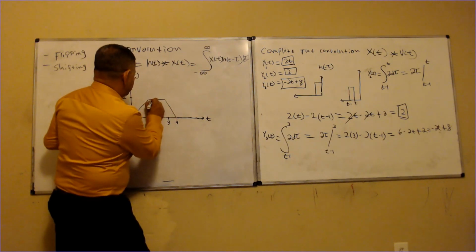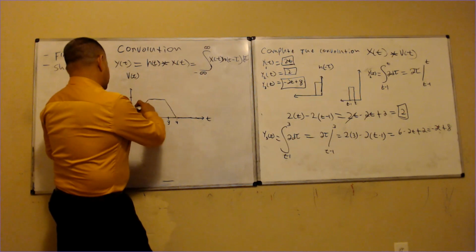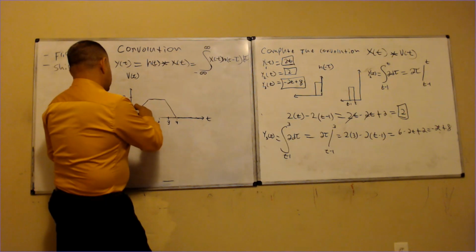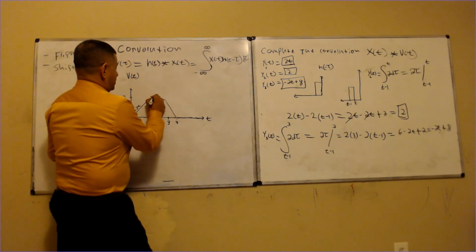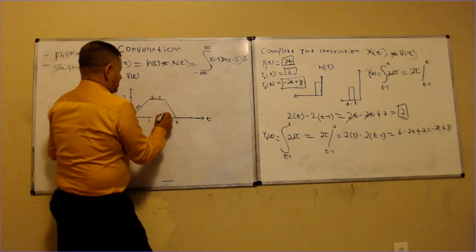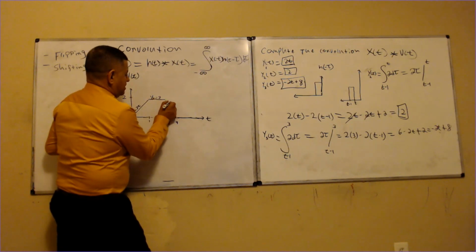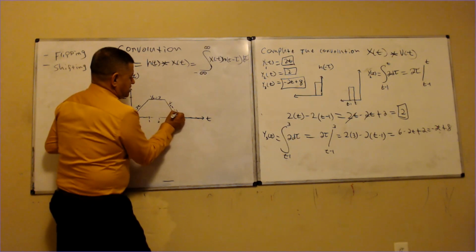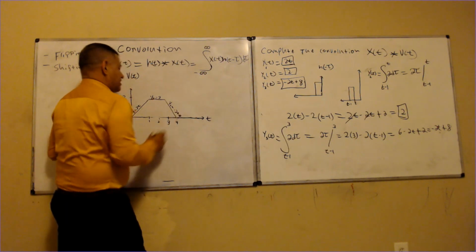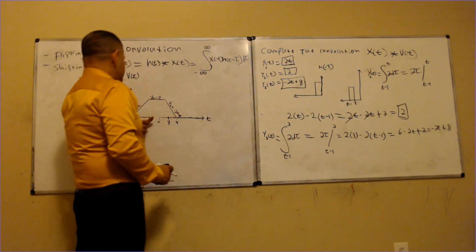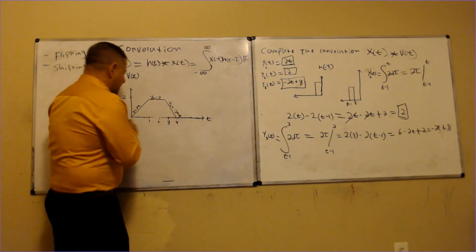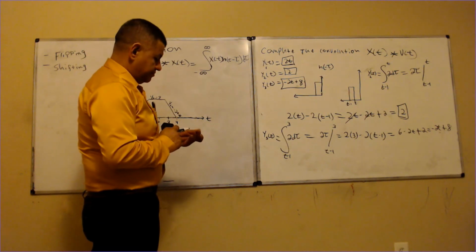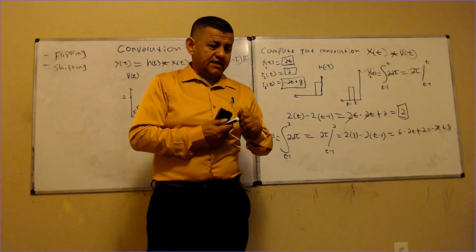So at that point, again, this is 2t, this is y1, this is y2, and then this is 2, and then this right here is y3, which is nothing but negative 2t plus 8, right? So that's how this will be the convoluted signal for this function.